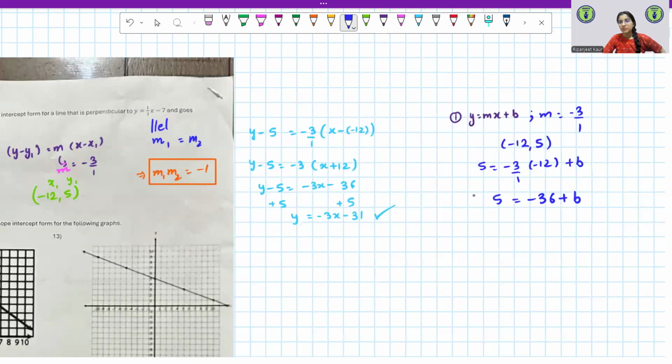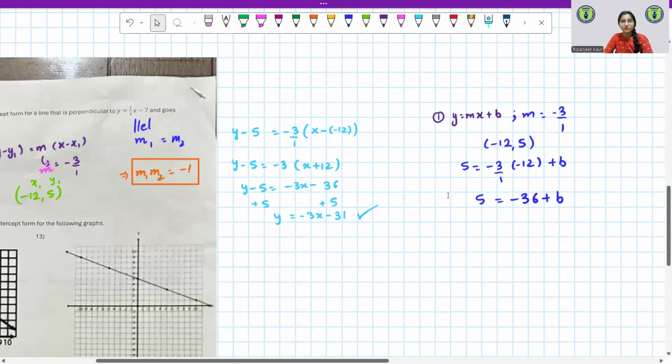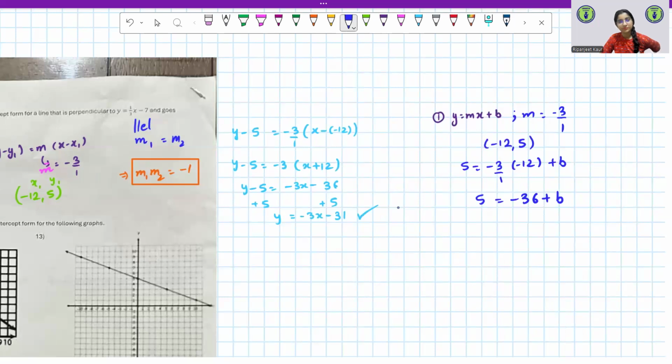Oh, yeah. Okay. So over here, y is 5, x is negative 12, and we just multiplied it.